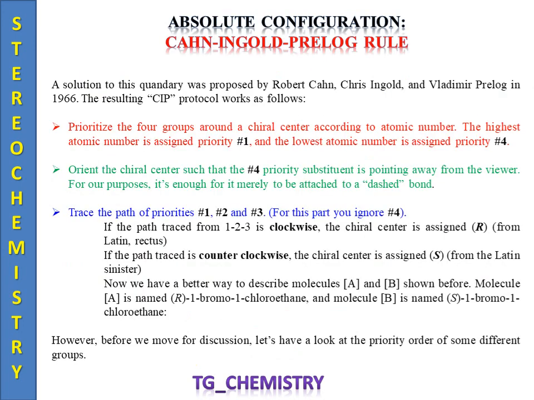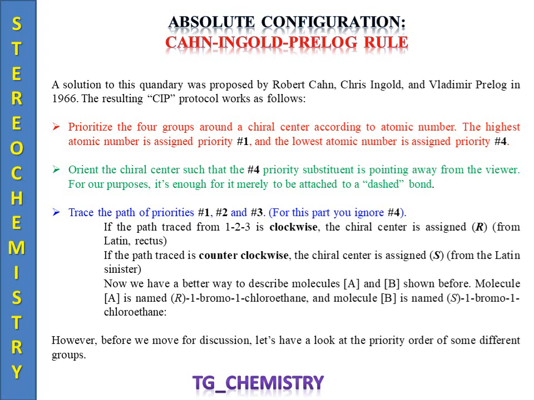So next I will be moving into the absolute configuration and the Cahn-Ingold-Prelog rule, a very important one. And as I said, with the quandary, a solution to this quandary was proposed by Cahn, Ingold and Prelog in the year 1966.